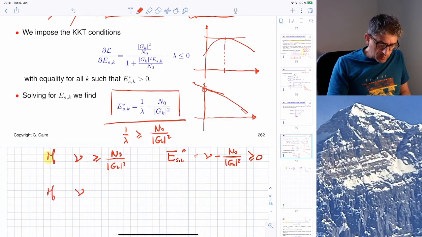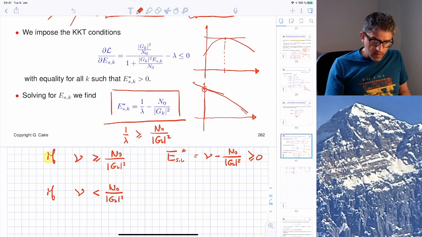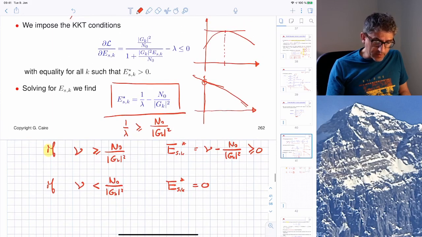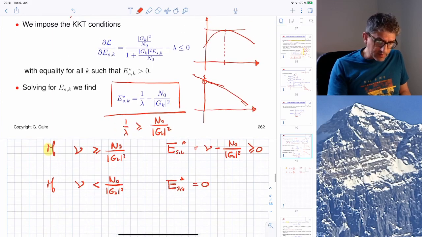If nu is less than n0 over g_k squared, I am tempted to say in this case the solution should be E_k star is 0. But I have to check the sign of the partial derivative. So let's replace E_k equal to 0 in the partial derivative.